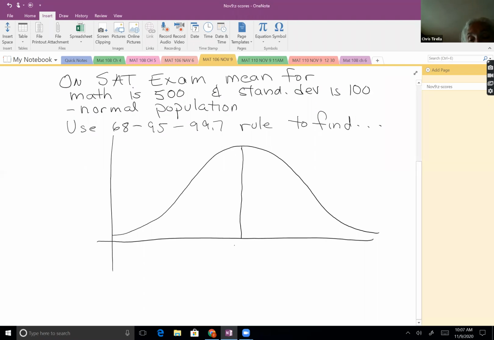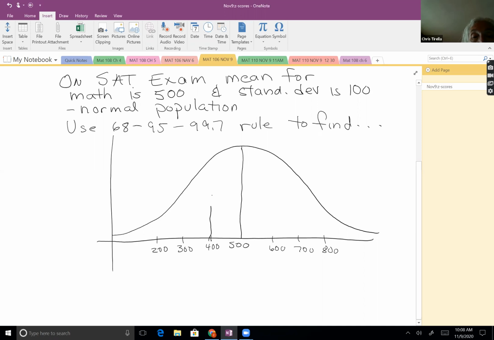So what number should I put in the middle here? 500, yeah. And then we counted by the standard deviation, which is 100. I'm going to count by 100: 600, 700, 800, going larger to the left, and 400, 300, 200, going smaller to the right.